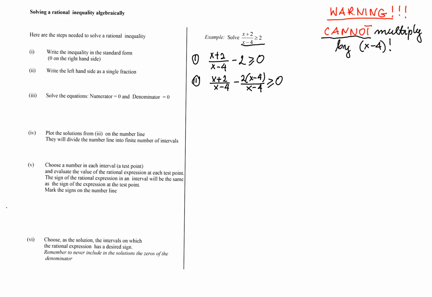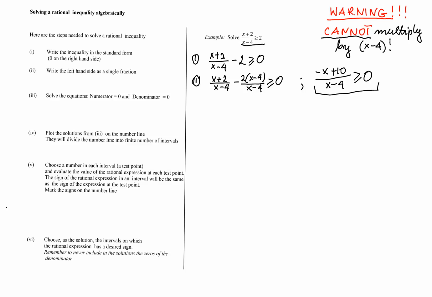That is our inequality, and if we simplify this, we'll end up with (-x + 10)/(x - 4) ≥ 0. Only now can we start the process of solving that inequality.